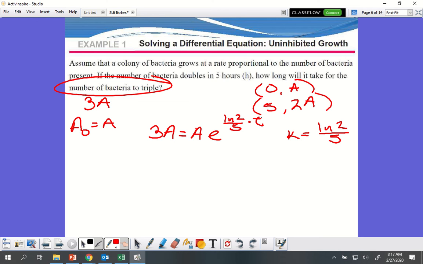We're going to get some weird decimal of the ln 2 over 5, so we'll eventually get to that one.